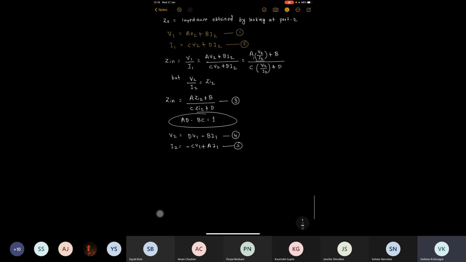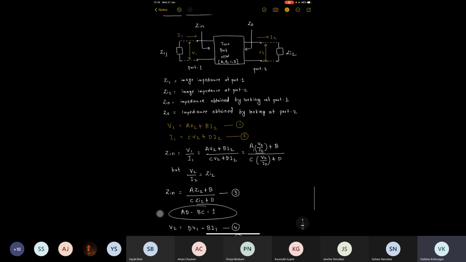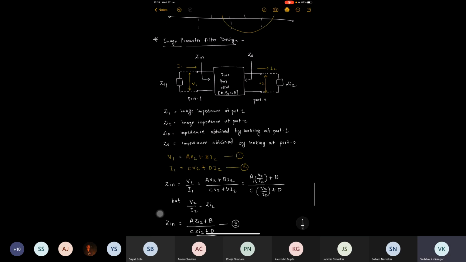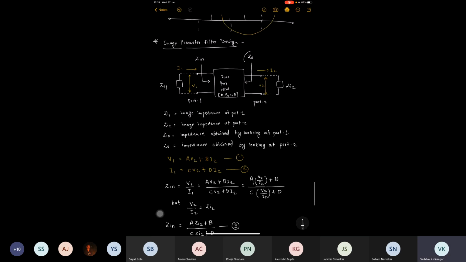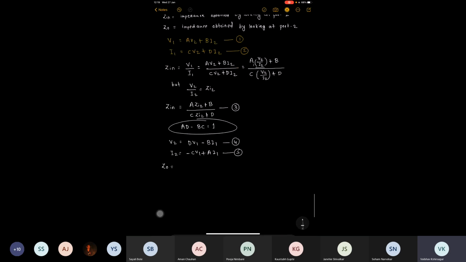If I take the ratio of V2 to I2, it will give the output impedance ZO. See here in this particular image, this ZO. ZO can be given as the ratio of V2 divided by I2.